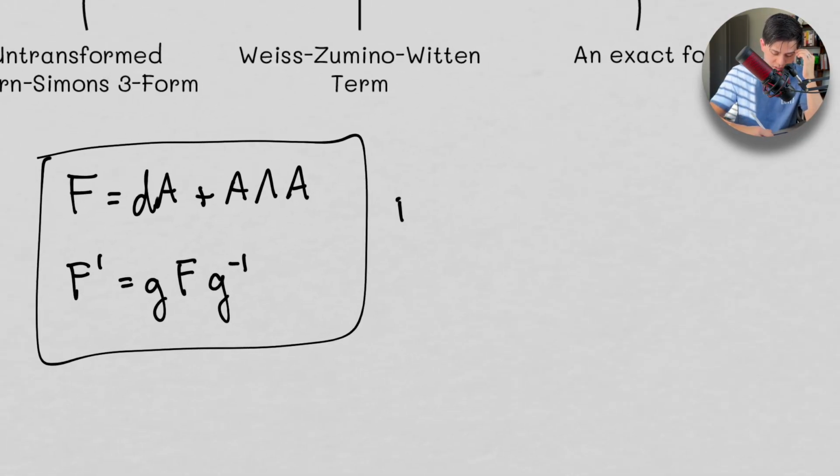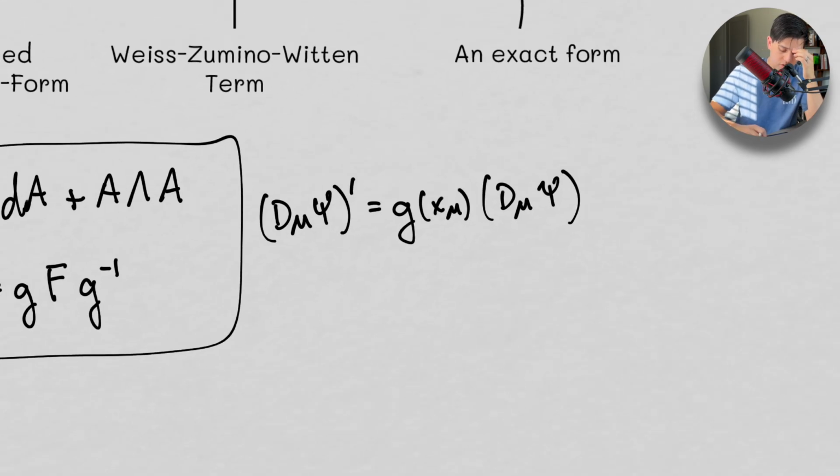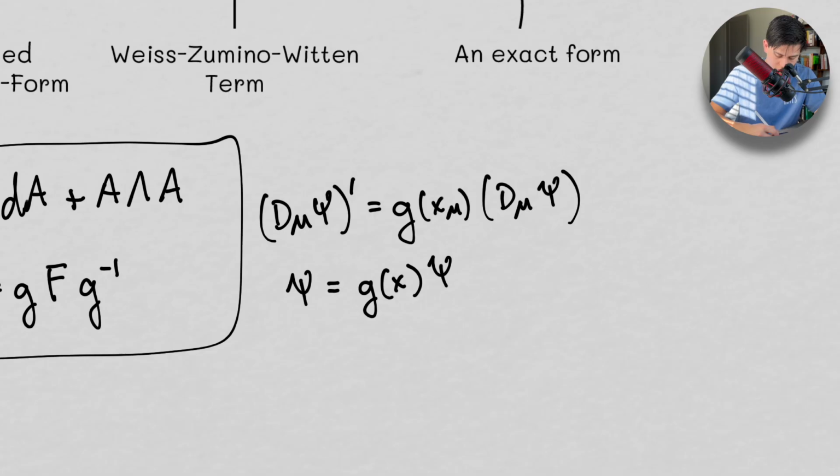In doing that, we've said that the covariant derivative acting on some function must transform like this, X mu d mu like this, and that our function also transforms, gx like this.